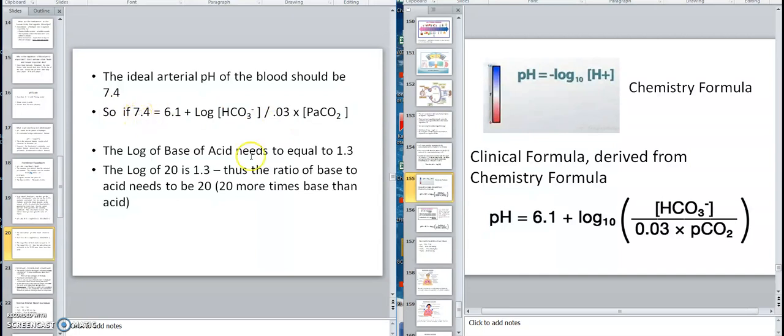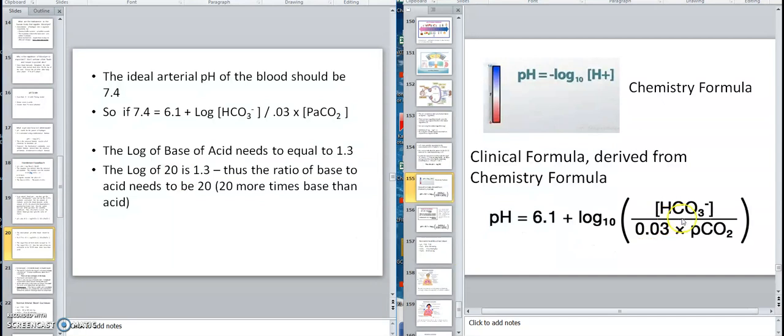So then we have to say, on this part of the equation, like in algebra, the log base 10 of what equals 1.3? This would be x, let's say. And that value is 20.